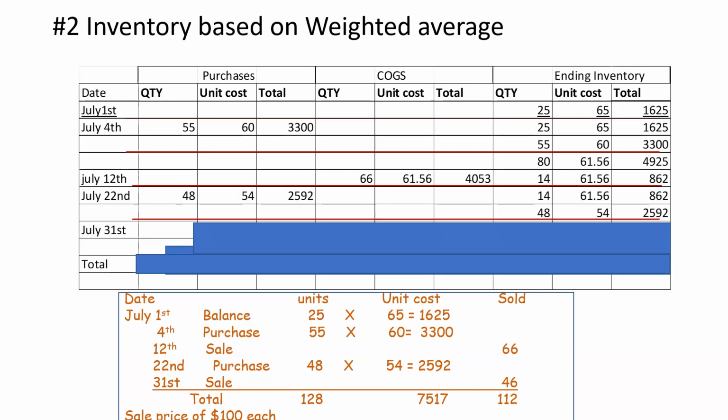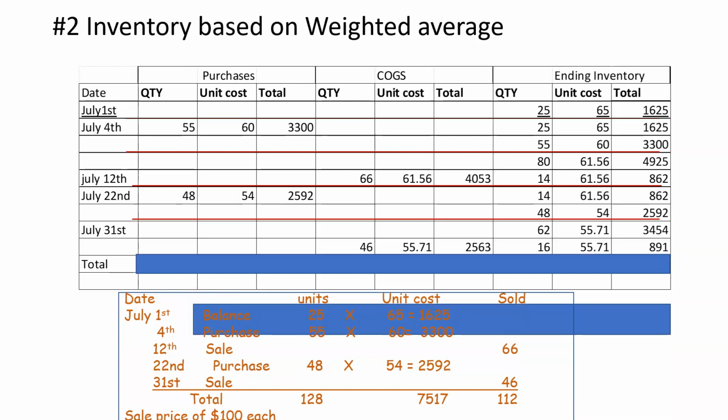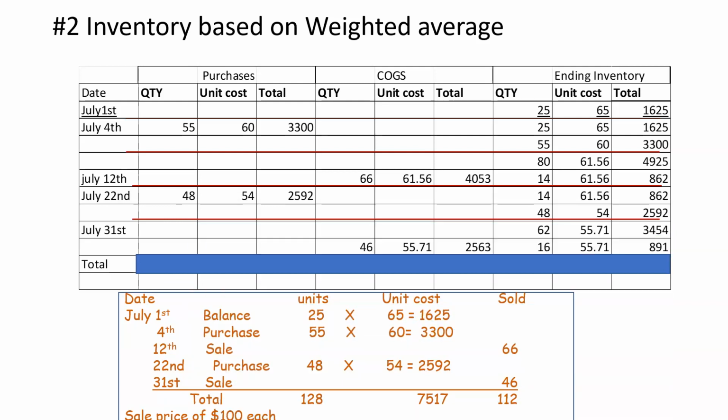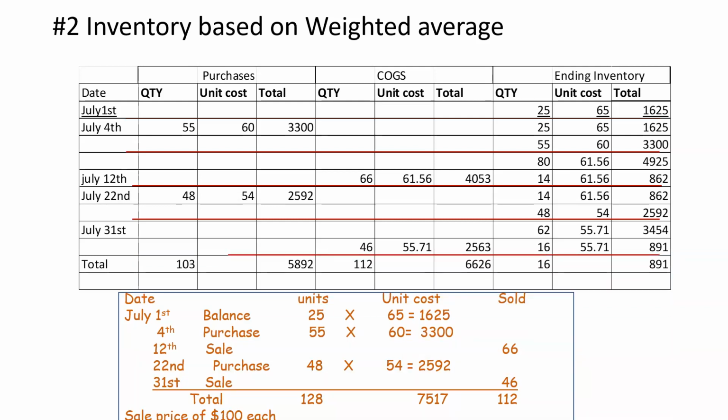And then you're going to carry that forward based on what you have left over. Now you bought some more units, you're going to come up with a new average price, and that average price is what you're going to use to determine cost of goods sold and ending inventory. And there are your ending numbers. And again, always do your check.